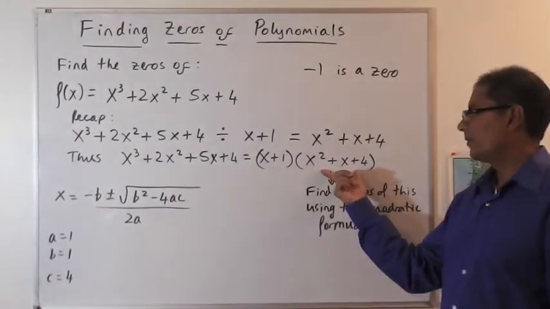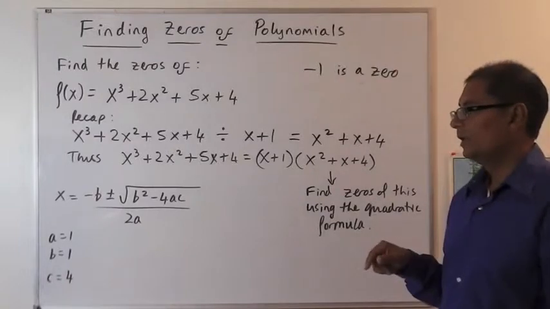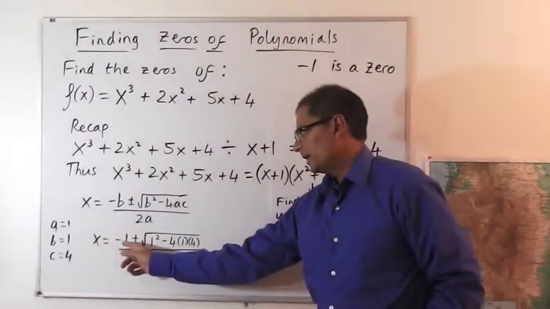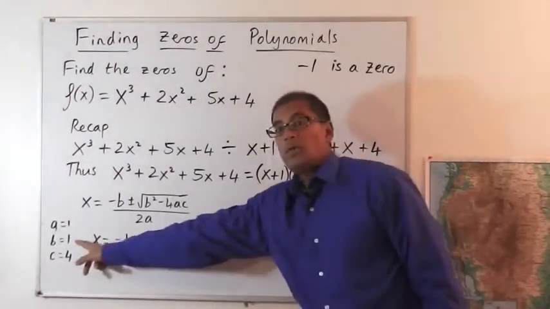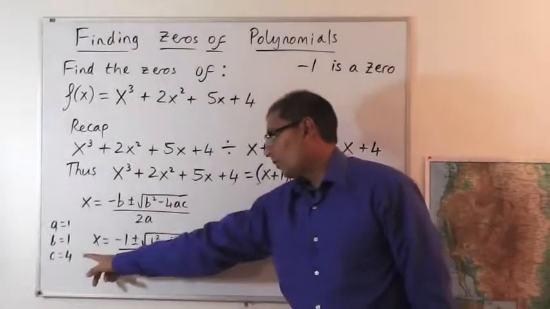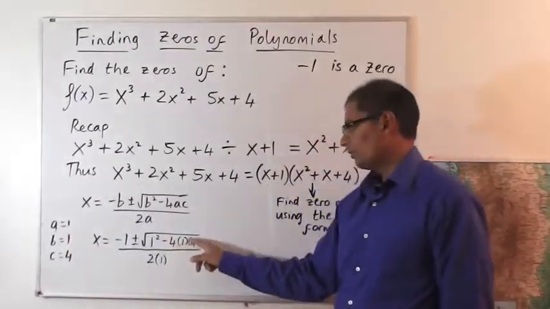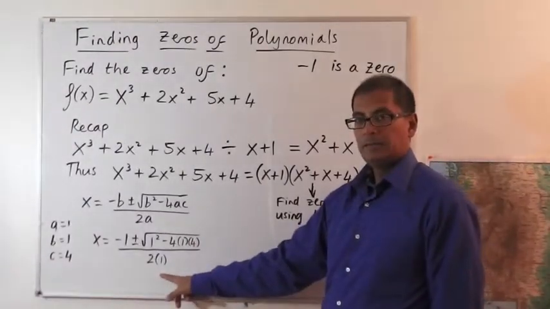And in this quadratic polynomial, a is 1, b is 1, c is 4. So let's plug that into our formula. So we have x equals negative 1, negative b, plus or minus the square root of b squared, 1 squared, minus 4 times a, which is 1, times c, which is 4. So 4 times 1 times 4, divided by 2 times a, 2 times 1.